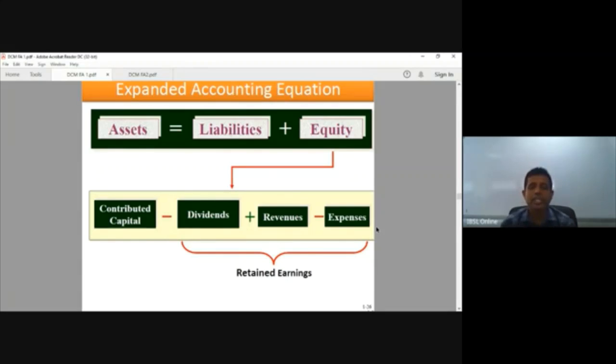Then revenue, that is income, will be a credit balance. That's why we add it to the credit side of the formula, right? Asset side is a debit side, liability and equity side is a credit side. Revenue or the income will be a credit balance, that's why we add that thing.